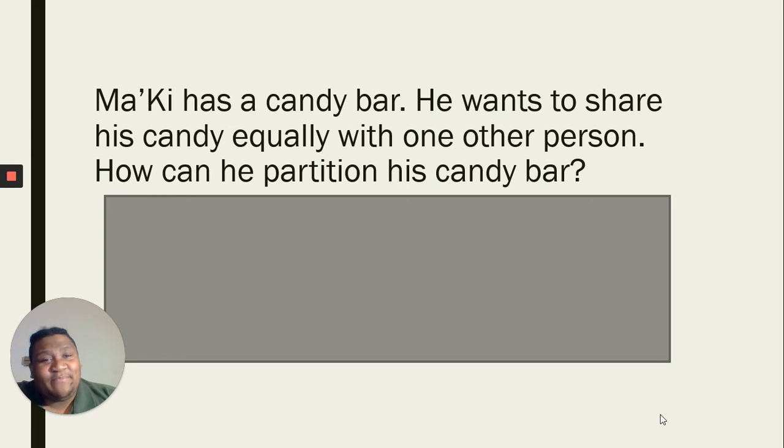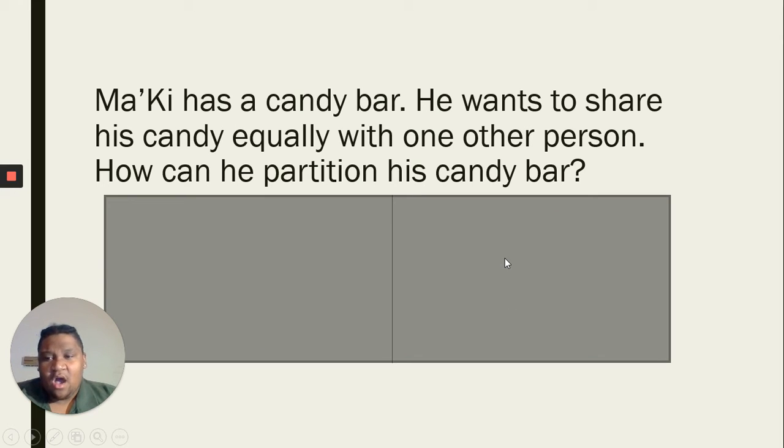Makai has a candy bar. He wants to share his candy equally with one other person. How can he partition his candy bar? He can partition it just like that because Makai is going to get this part and his friend is going to get this part.